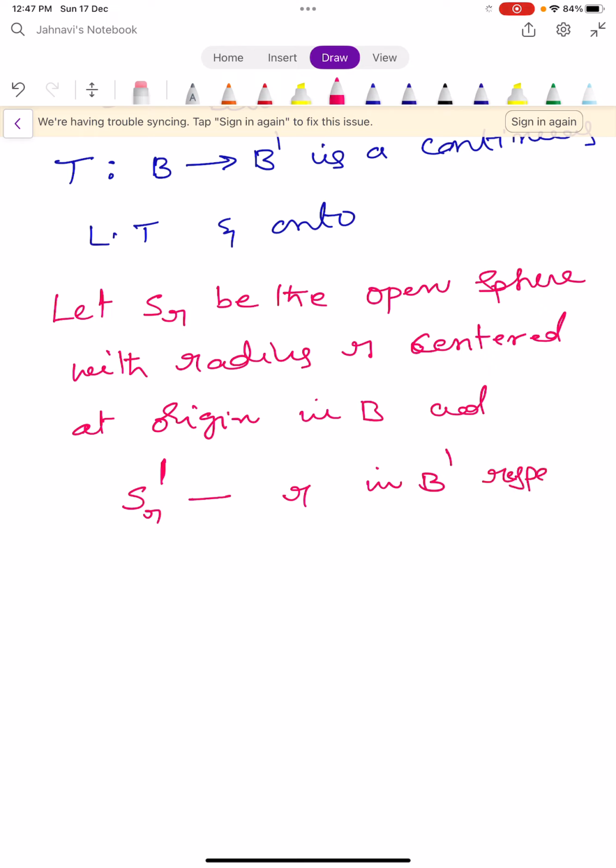Remember that I defined two open spheres, SR with radius r centered at origin in B, SR dash with radius r centered at origin in B dash. Both are open spheres with the same radius r. Both are centered at origin, but one is defined in B, the second one is defined in B dash.